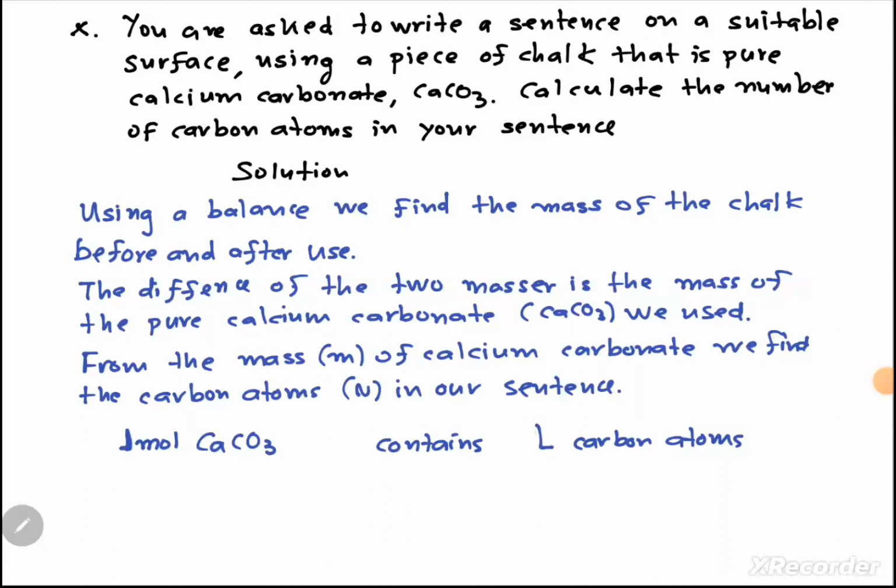L is Avogadro constant. The mole of calcium carbonate we used is equal with the value of mass divided with molar mass. In this mole of calcium carbonate, we have the N carbon atoms which we want to find.